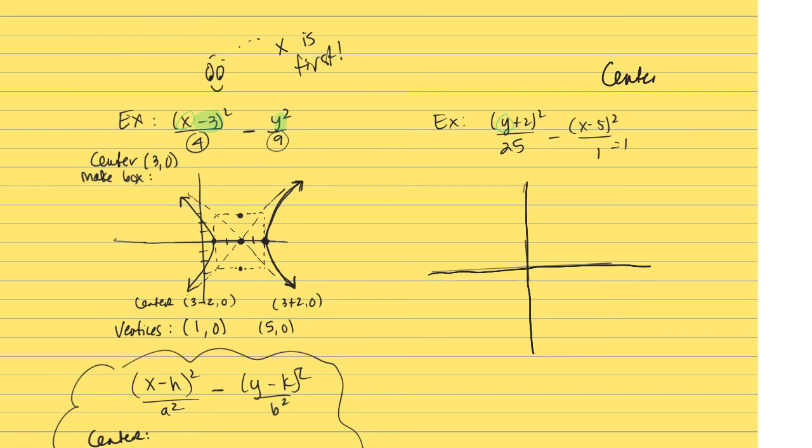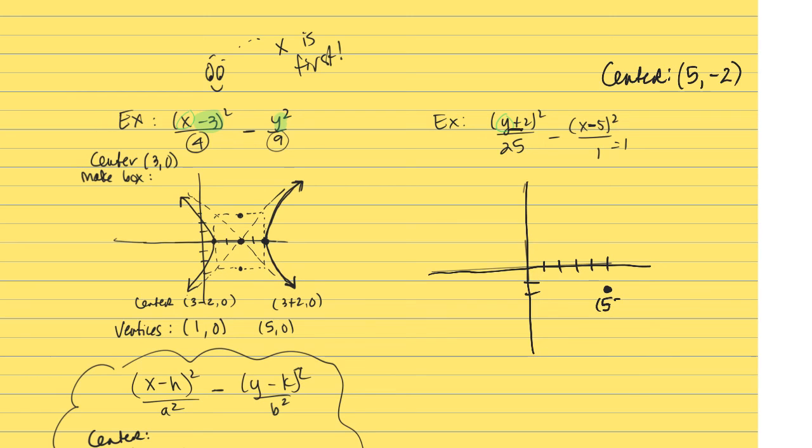The center is what's being subtracted from x, that's the x value, so it's 5, and then it's the opposite sign. What's being subtracted from y is actually a -2. Y minus -2 would be that y plus 2. So my center is at 5, -2.